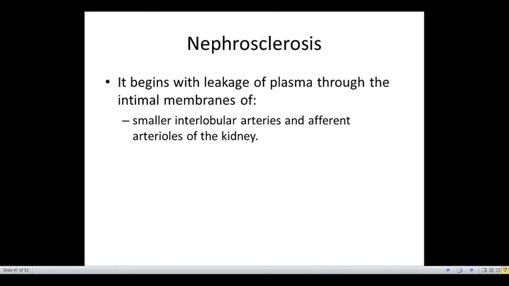Nephrosclerosis begins with leakage of plasma through the intimal membranes of smaller interlobular arteries and afferent arterioles of the kidney.